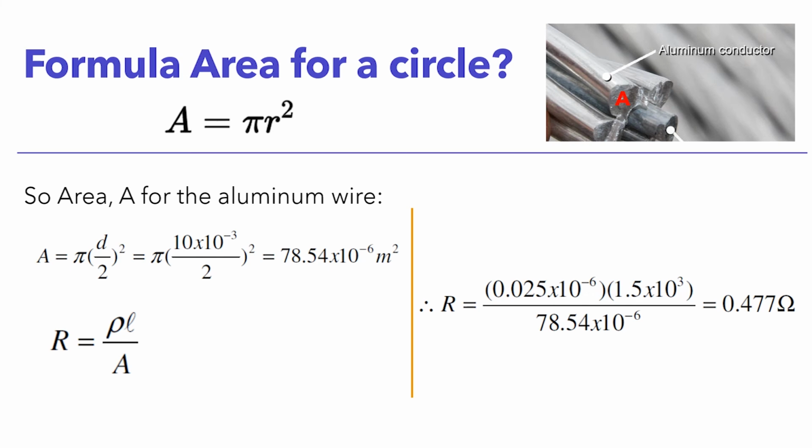So, substitute the value, pi times 10 times 10 to the power of minus 3 divided by 2, all to the power of 2. Now use your calculator and you will get the area for the aluminium is 78.54 times 10 to the power of minus 6 meter square.